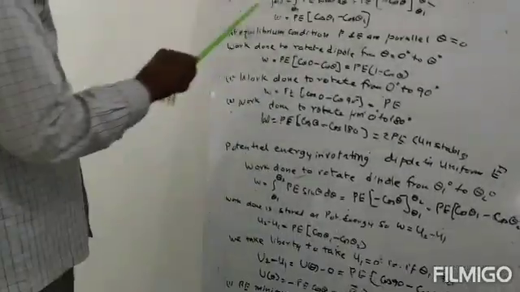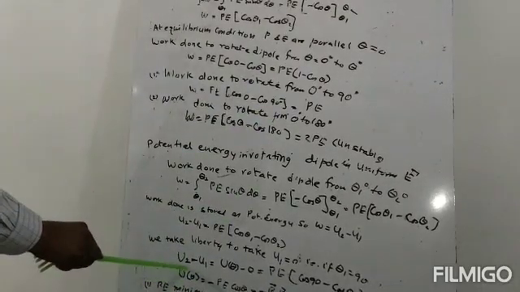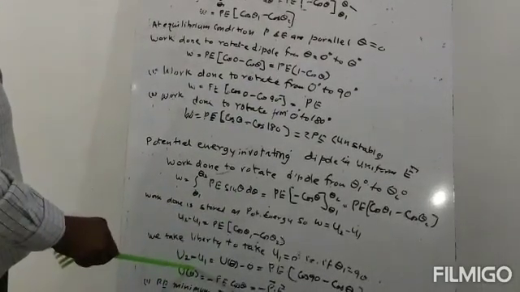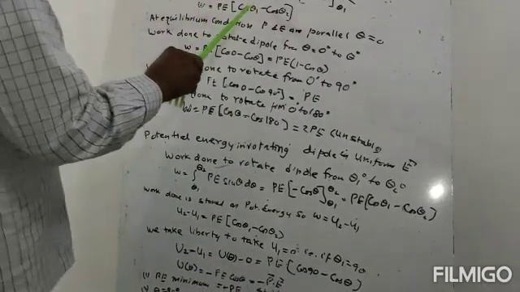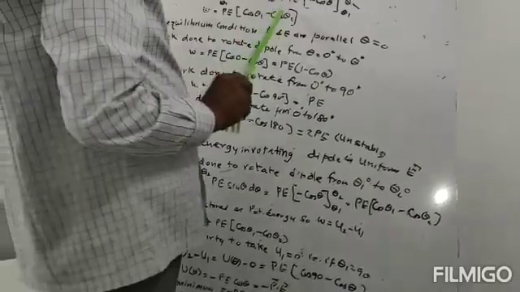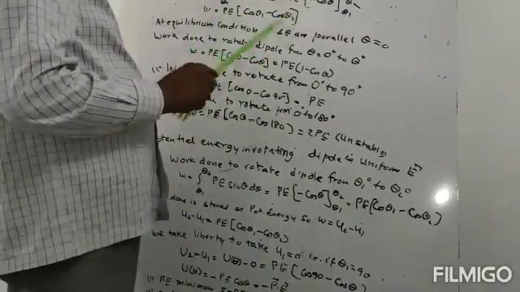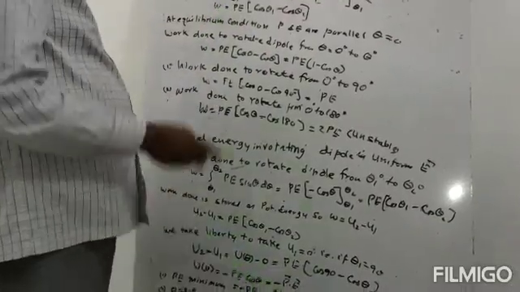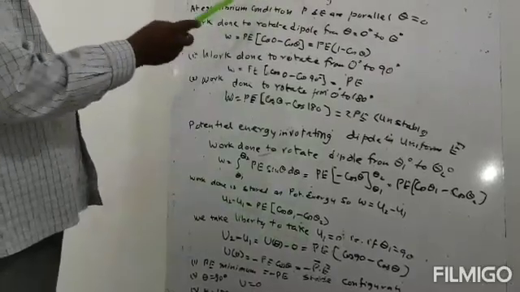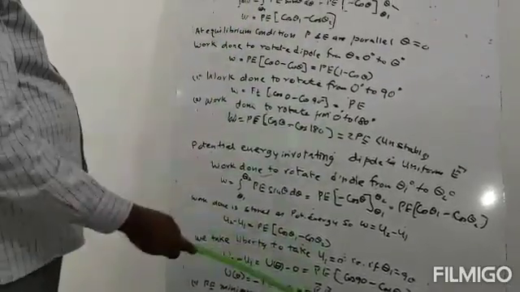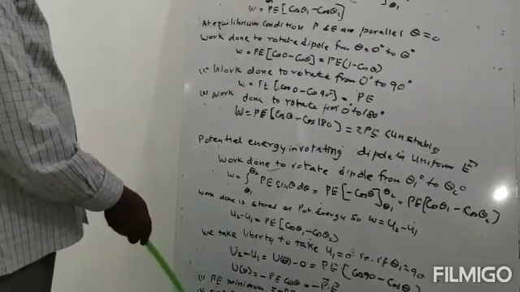So we can say the potential energy at angle theta, U of theta, will be equal to P into E cos theta with a negative sign. And this potential energy will be stored, and for the different cases when theta is equal to 0, theta is equal to 90 and theta is equal to 180, we can find the potential energy in all these three cases.